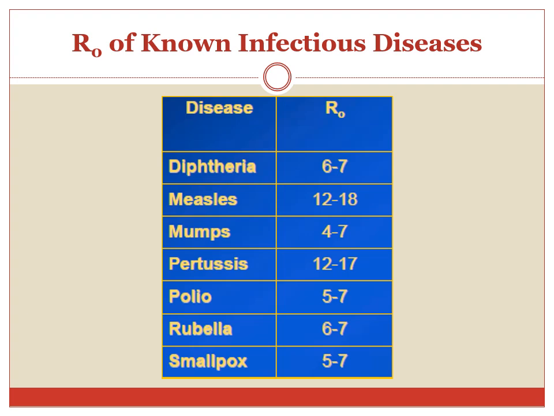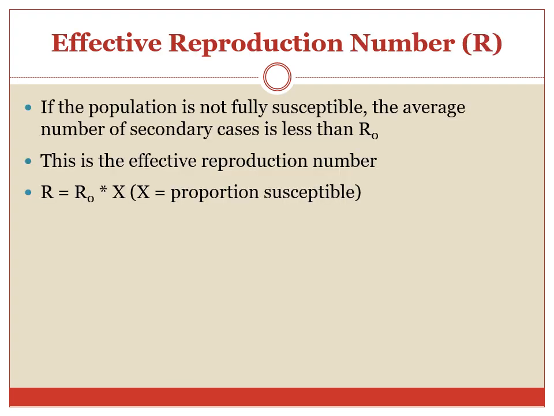Now, if you remember, there is a fourth component of the reproduction number, which is the proportion of the population that is susceptible. By multiplying R0 by the proportion that is susceptible, you get what we call the effective reproduction number.